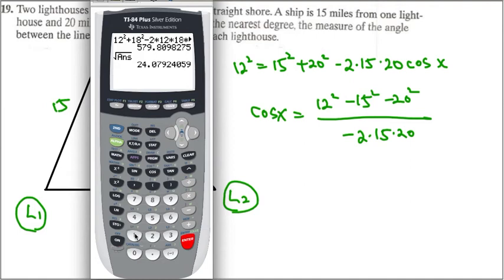Then we have, first I'm going to put the parentheses, 12 squared minus 15 squared minus 20 squared, divide by the denominator, which is negative 2 times 15 times 20. That's the value that we end up getting.